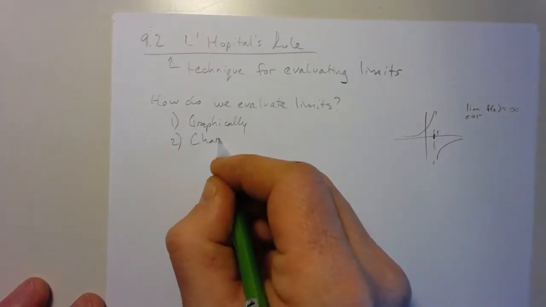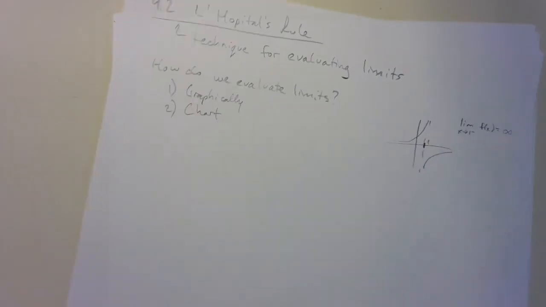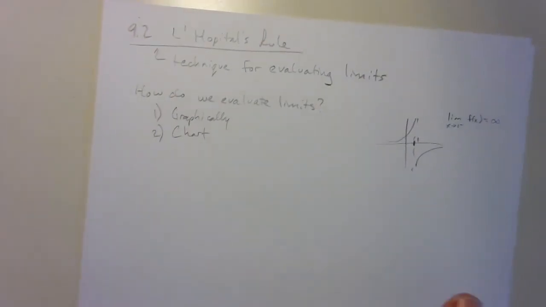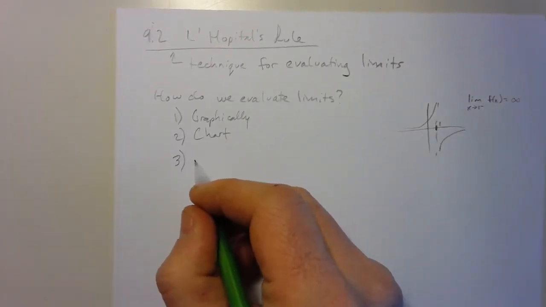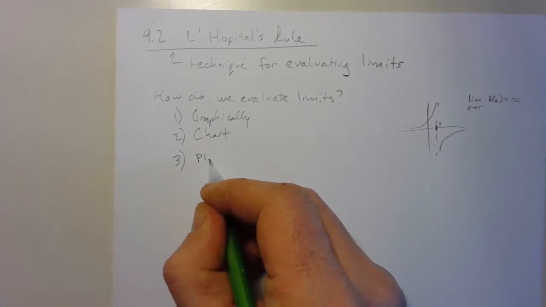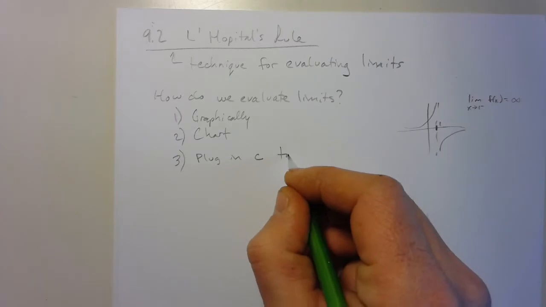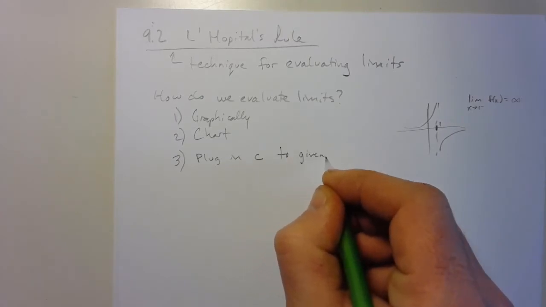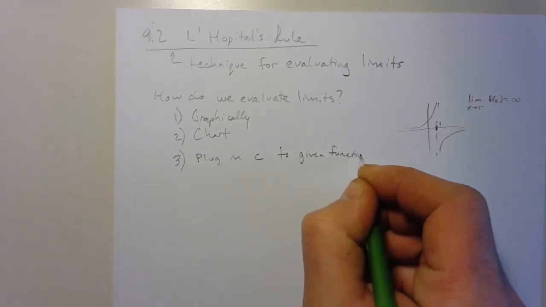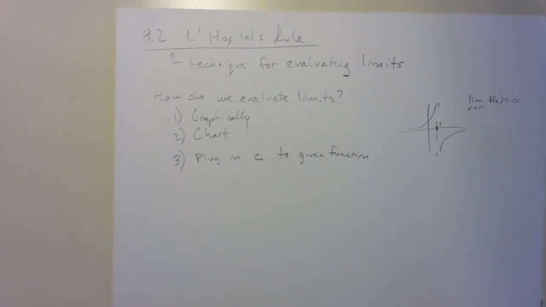Another easy way, if you're given a chart: if there's a whole bunch of numbers there, you just trace the chart and see what the pattern is going to be. The most common way was just to plug in the c to the given function, because a lot of times the limit equals the actual value.